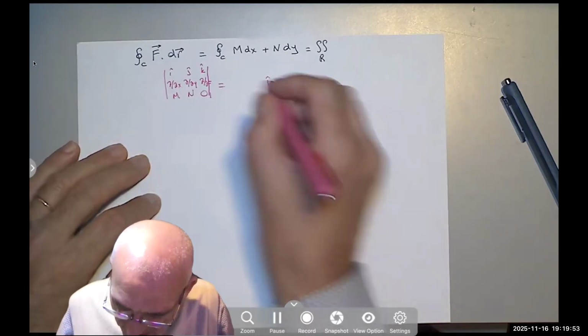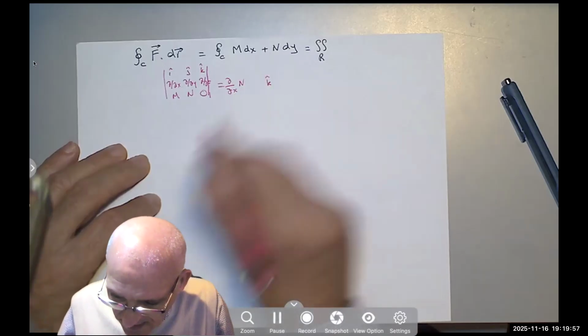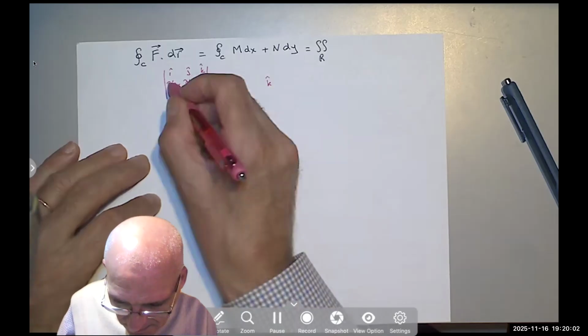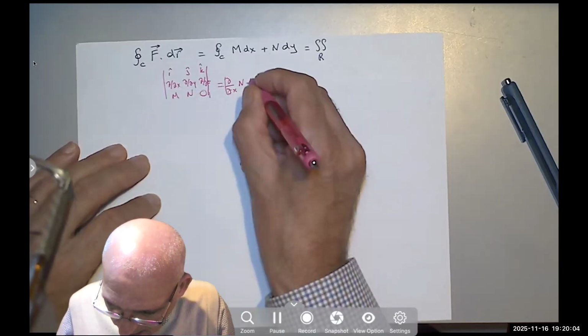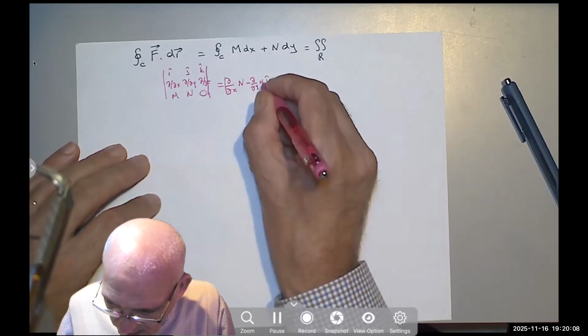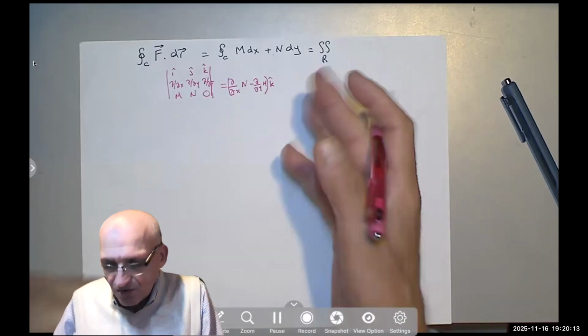This times that, so it's partial x of N minus partial y of M, with respect to k. Of course, we are not going to write k.